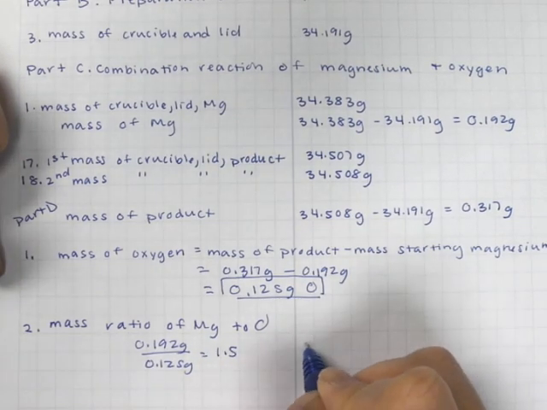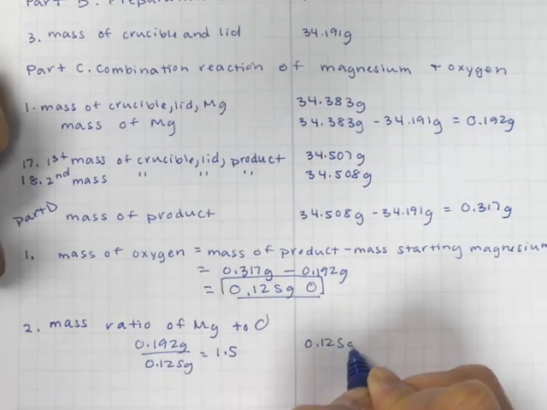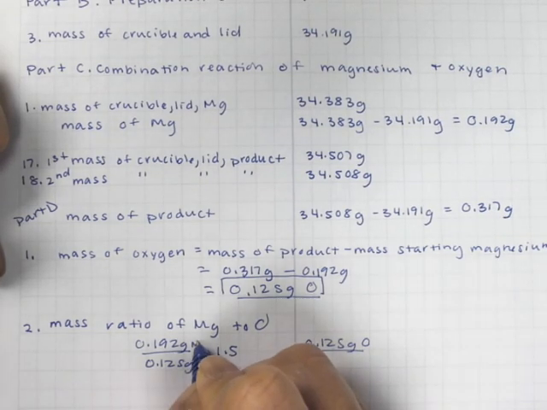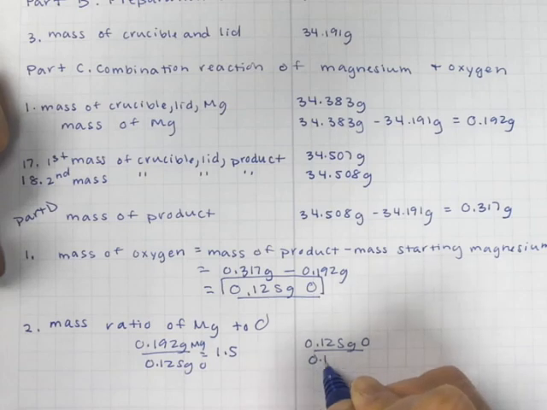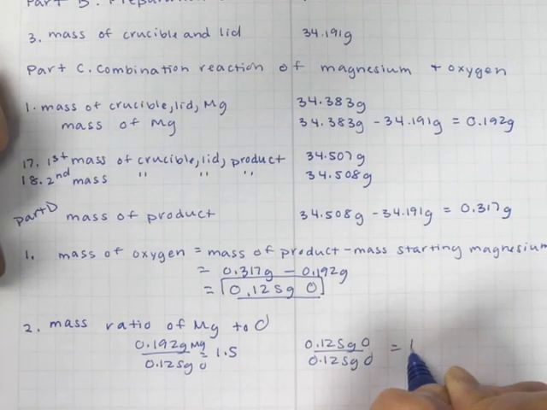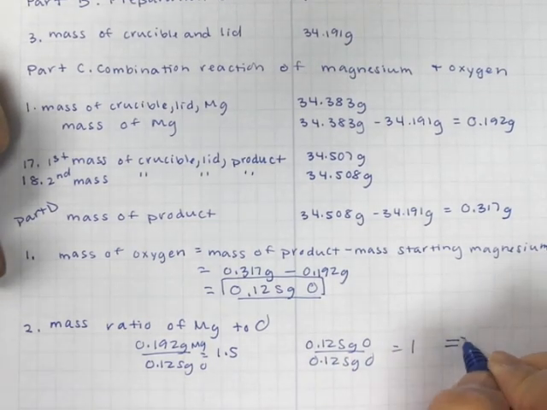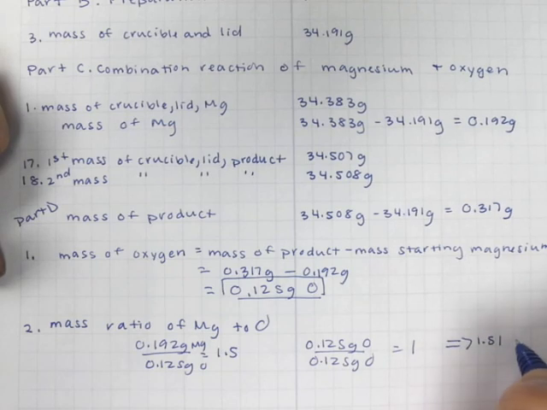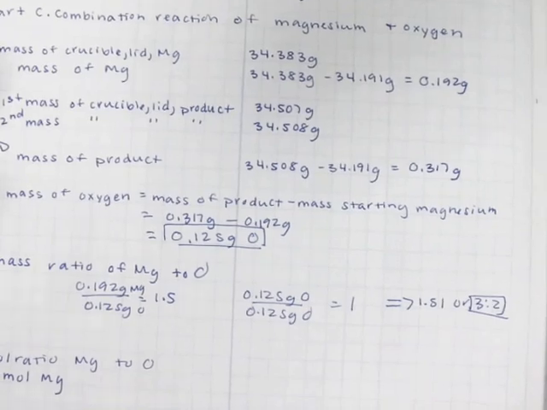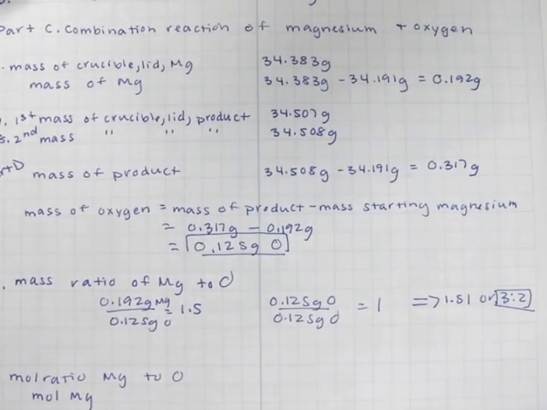And then if you take the 0.125 grams of oxygen, this is 1, so your ratio would be 1.5 to 1 or 3 to 2. All right, so that's how you would do the mass ratio of magnesium to oxygen.